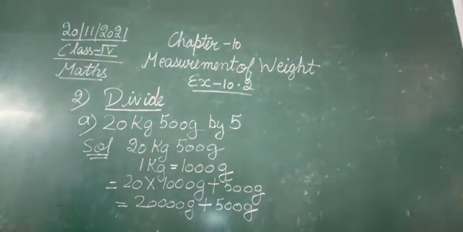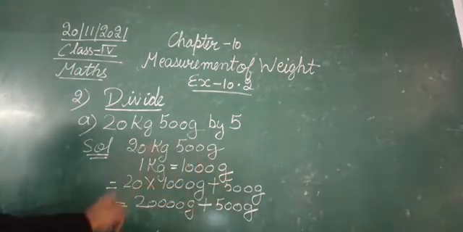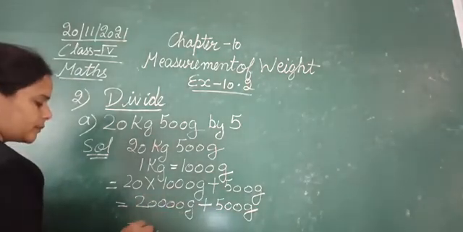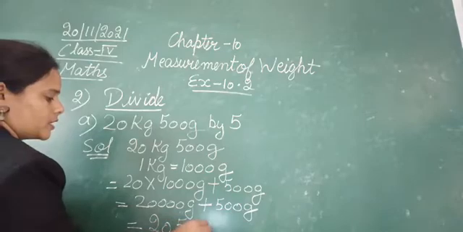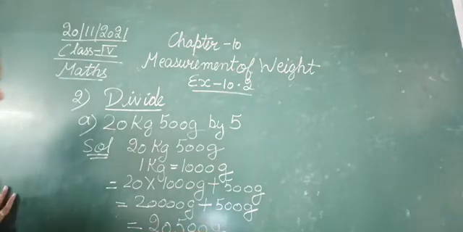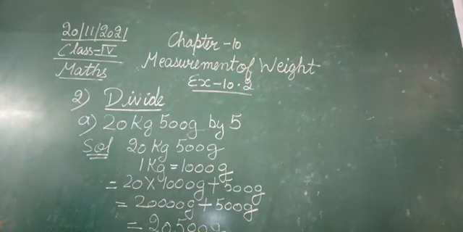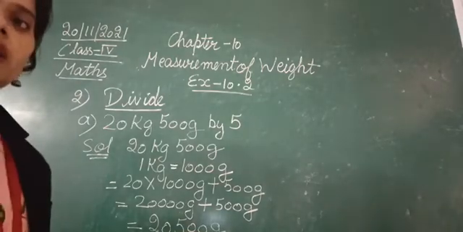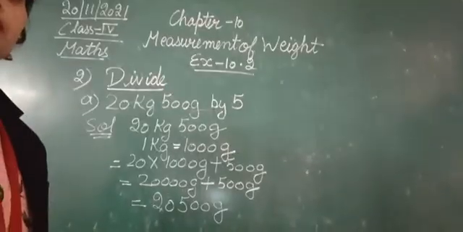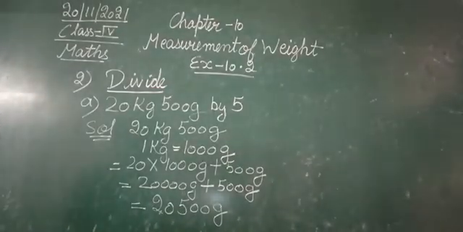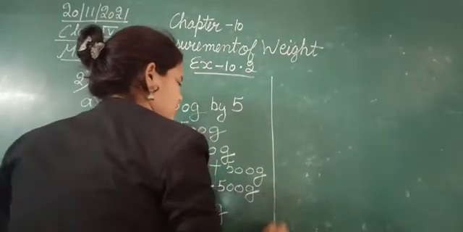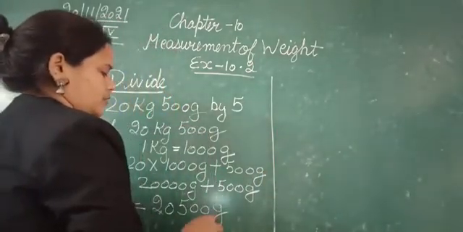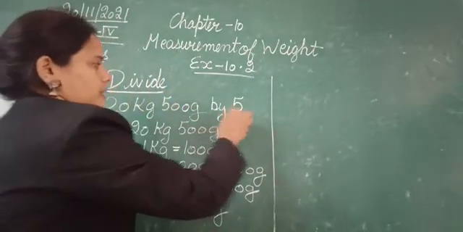If we add it, we get 20,500 gram. Now we have the unit here, now we can easily divide it. So let's divide 20,500 gram by 5.